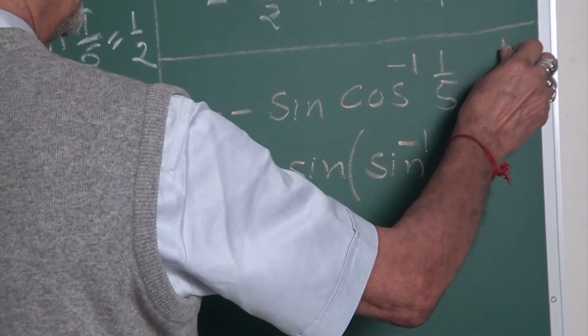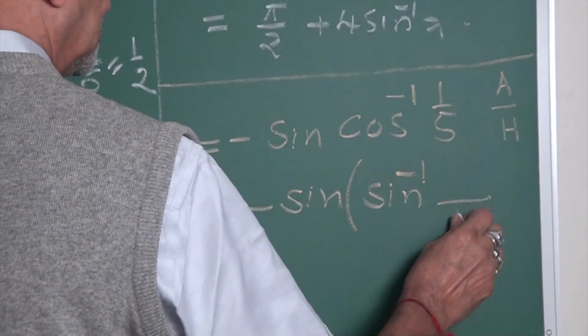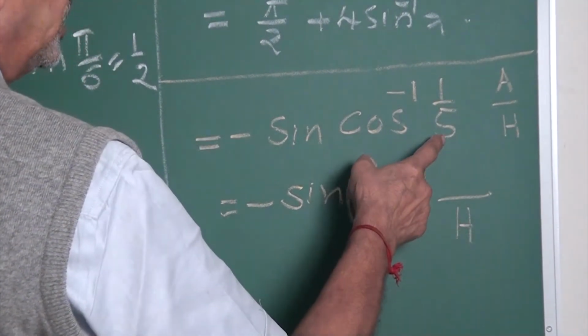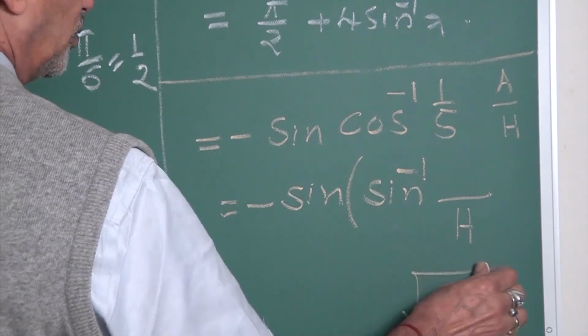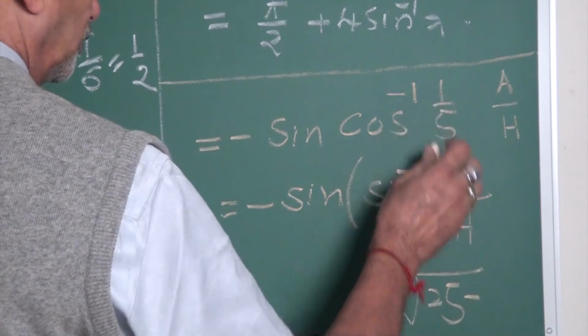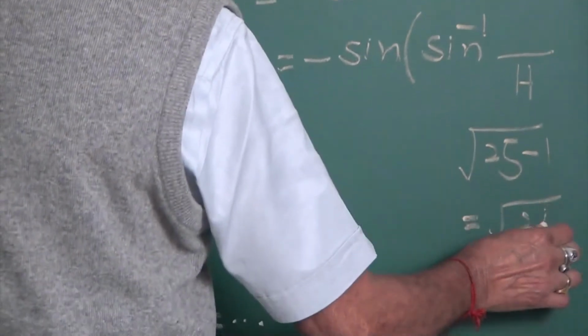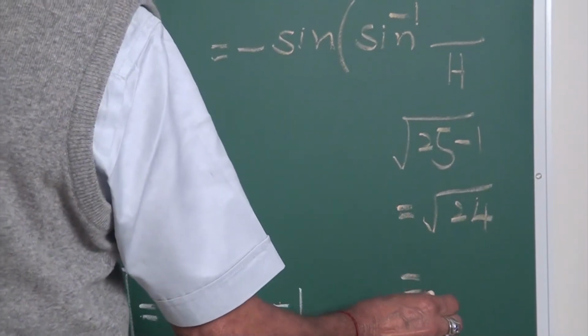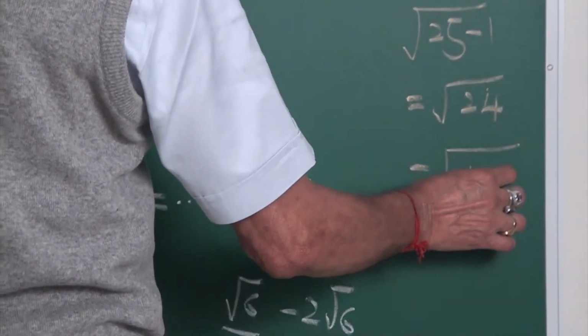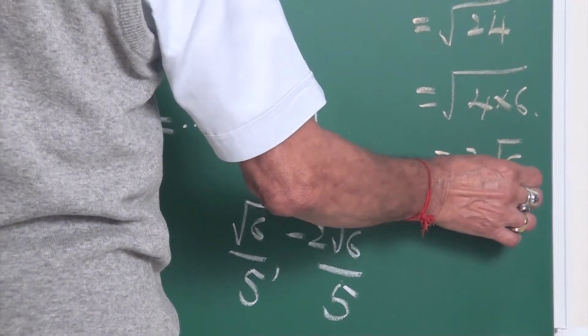This is adjacent side upon hypotenuse. Sine means the other side; down is hypotenuse. What is this? It is square root of 25 minus 1. What is 25 minus 1? 24. That 24 can be written as square root of 4 into 6, my friend, which is 2 into root 6.